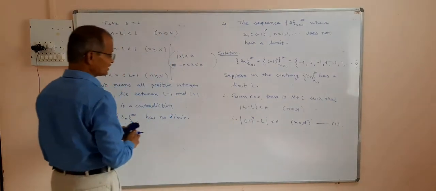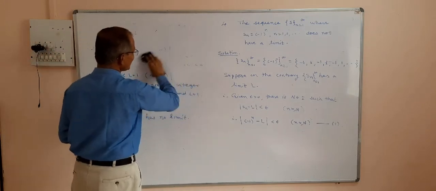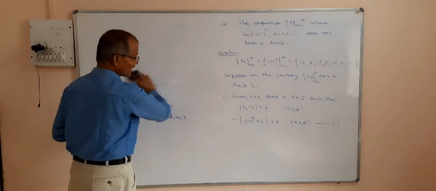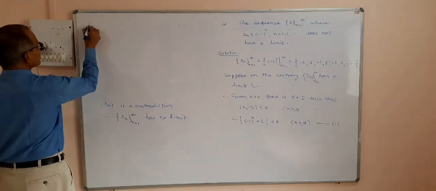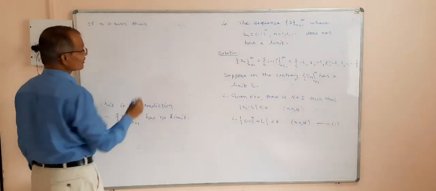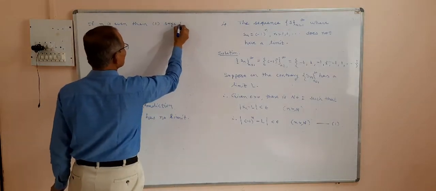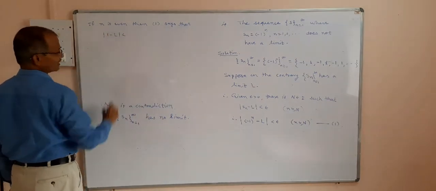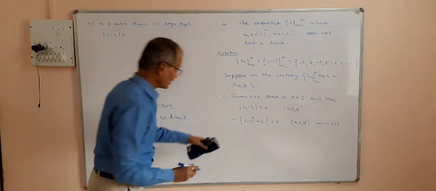Now in case n is even, what is (-1) raised to n? We know that (-1) squared is 1, (-1) raised to 4 is 1, etc. So if n is even, it gives 1, and the statement says |1 - L| < epsilon. But before that, we should consider a fixed value of epsilon.